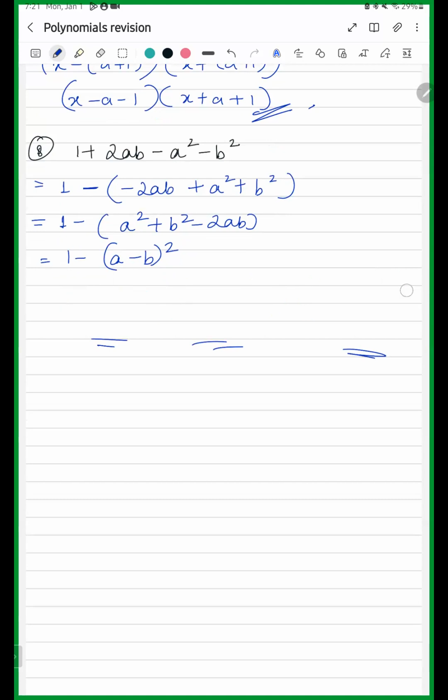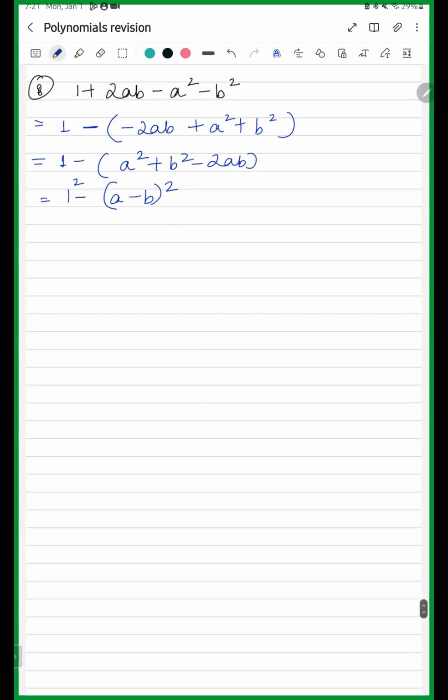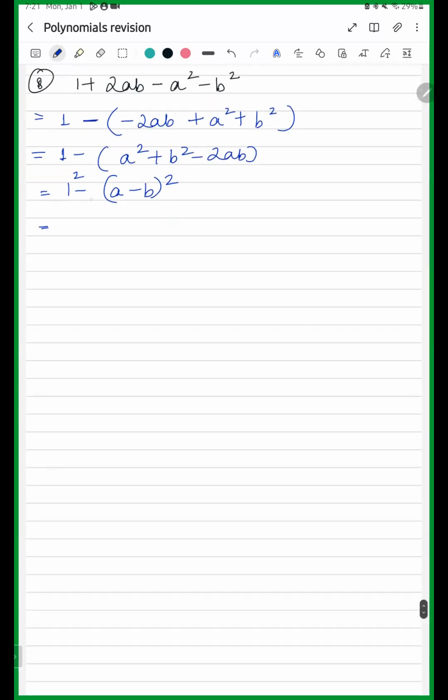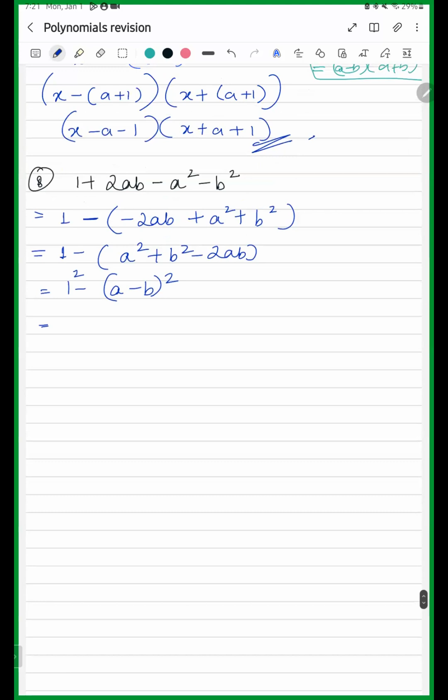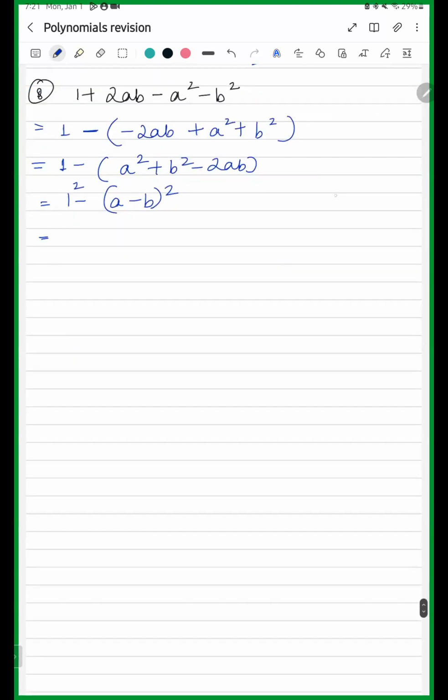So what we'll do is we can write 1 as 1 square, because 1 square is equal to 1 itself. Now again the same thing we are going to apply, a square minus b square, so this is your x square minus y square. What is x square minus y square? x plus y into x minus y.